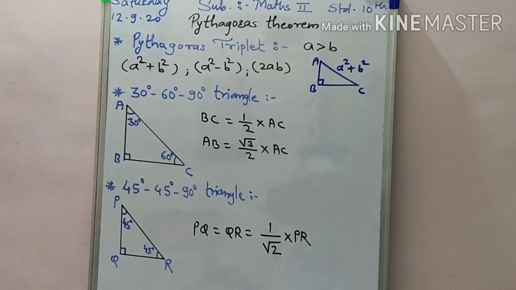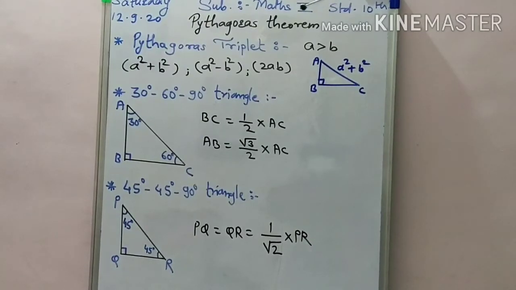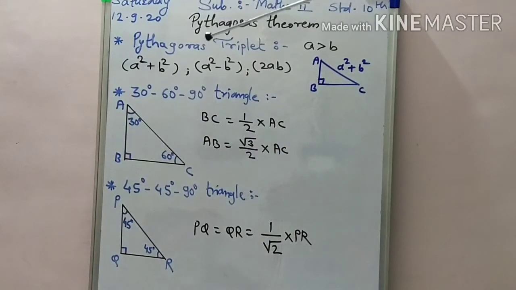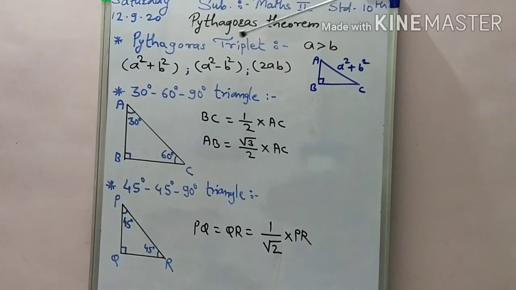Good morning, students. So let's start with our new chapter of Mathematics Part 2, second chapter, Pythagoras theorem. Actually, this Pythagoras theorem or property is not new for us. We already studied this property in our previous standard also.